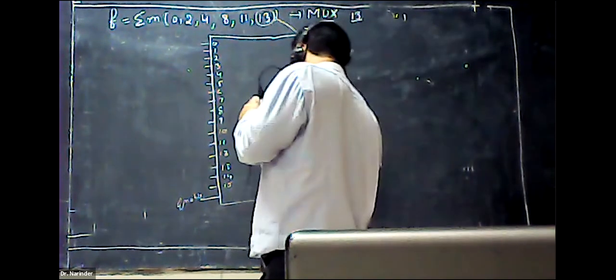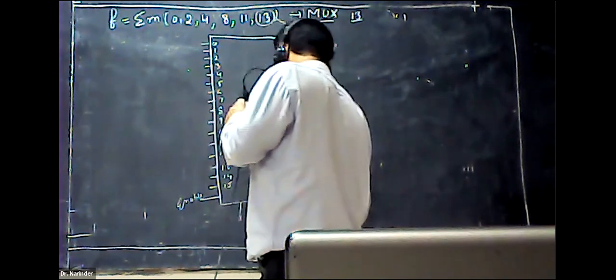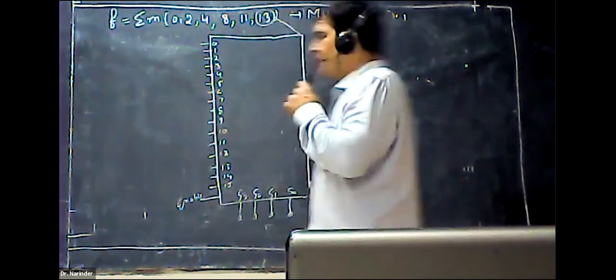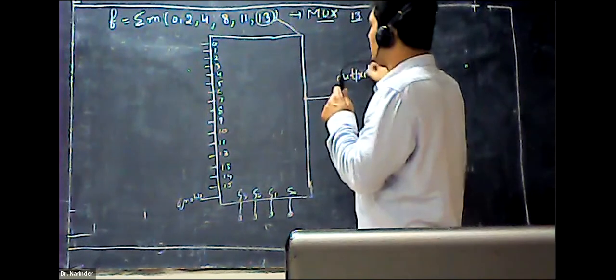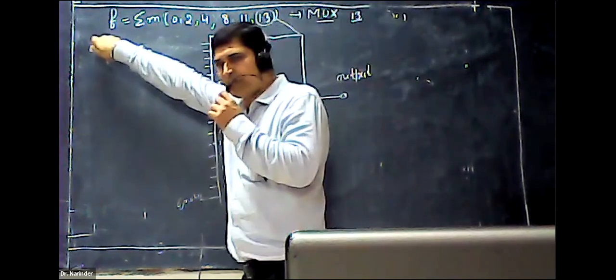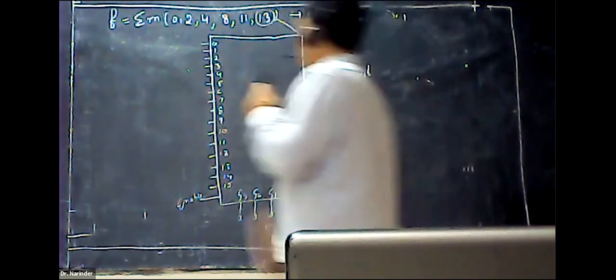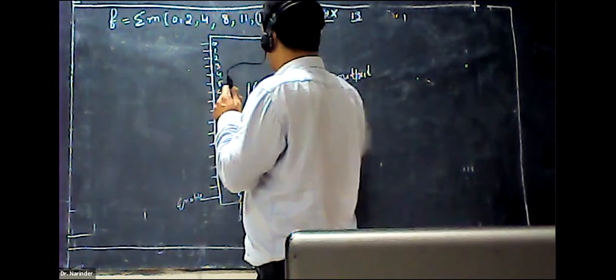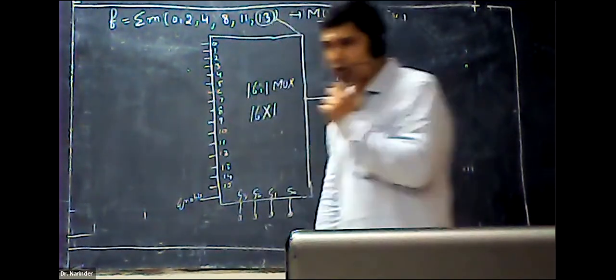Number them as S0, S1, S2, S3. This would be your output, written as F. Some books also write 16:1 mux as 16 cross 1, either 16:1 or 16 cross 1.